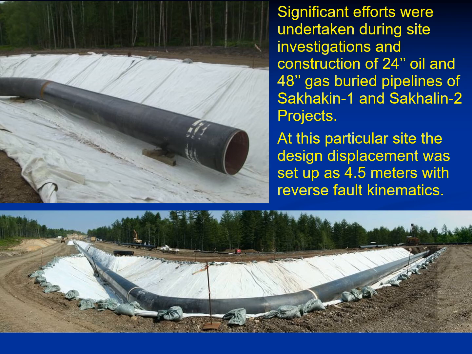At this particular site shown in the picture, the design displacement was set up as 4.5 meters with a reverse fault kinematics. The fault line crosses the pipeline road quite far in the background, and you can see how complex the crossing site design was.